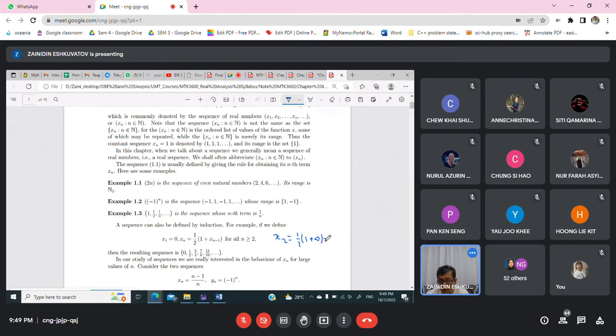You see, when the formula is given, I can easily list down the elements of the sequence.